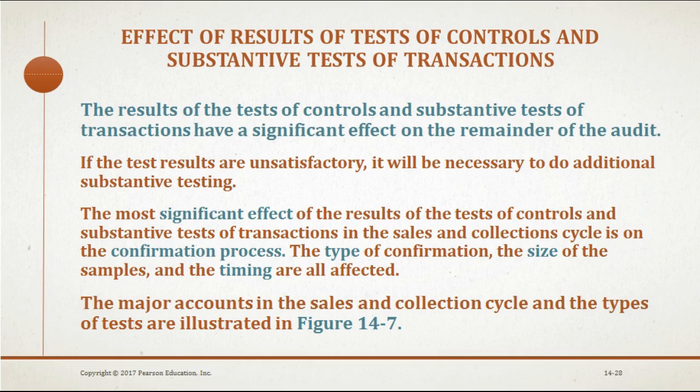The most significant effect of the results of the tests of controls and substantive tests of transactions in the sales and collection cycle is on the confirmation process. The type of confirmation, the size of the samples, and the timing are all affected. The major accounts in the sales and collection cycle and the types of tests are illustrated in Figure 14-7 on page 469 of your textbook.